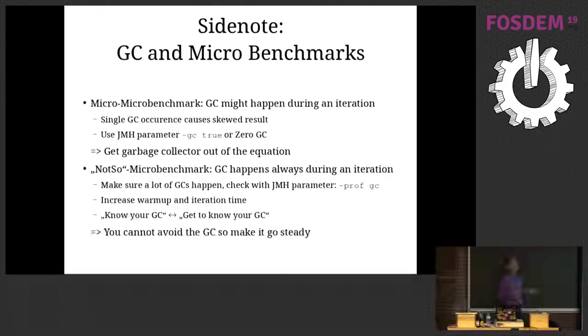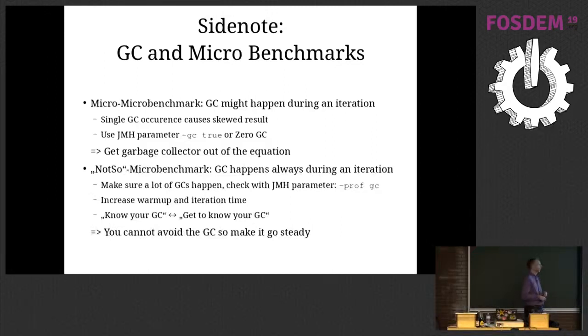However, when you have a not so micro benchmark, and the garbage collection cycle is happening a lot during your iterations, then you actually want it to happen a lot, so that it's not interfering too much with your measurement results.